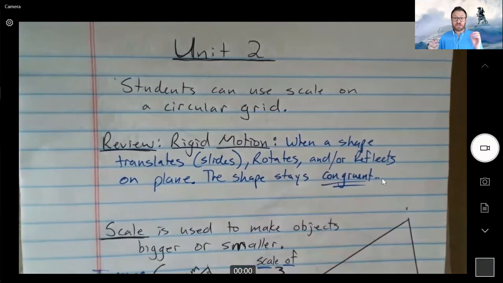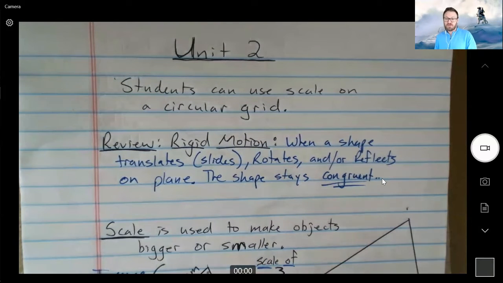Right? Now that's huge. And that was the main thing from Unit 1: we're moving that shape around, and as it's moving, it is the exact same. The angles, the side lengths, everything is the same. So there's those corresponding parts, okay? Now, so that's rigid motion.